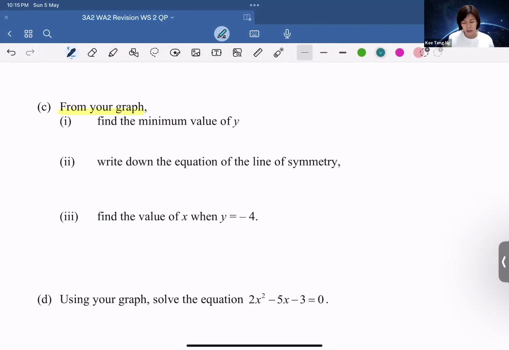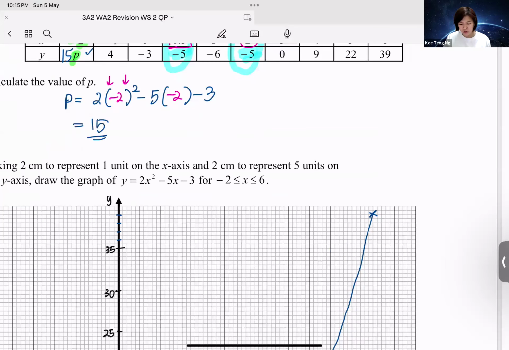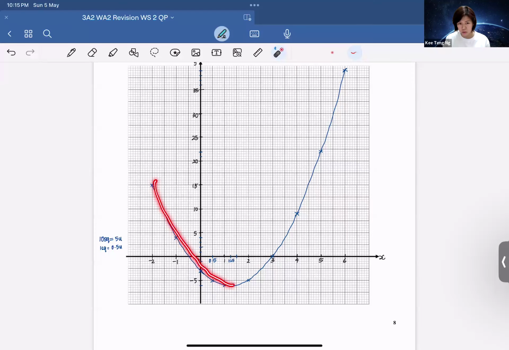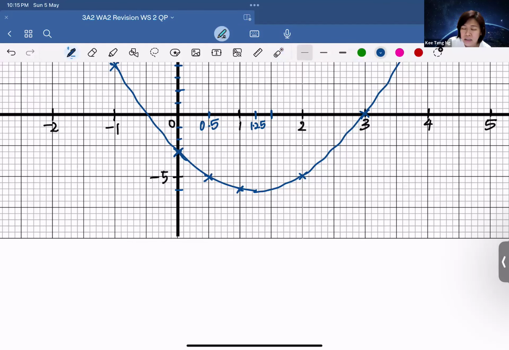Find the minimum value of y. What is the minimum? Meaning the lowest point, the y value for the lowest point. So where's our lowest point on our graph? Our graph goes from here all the way to this before it goes roller coaster up. So the lowest point is over here. We already plotted and estimated that this point will be negative 6.1, isn't it?